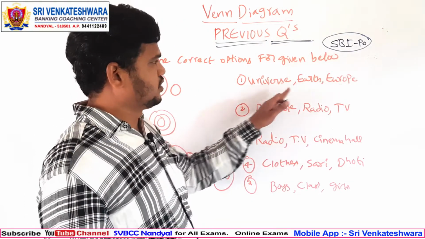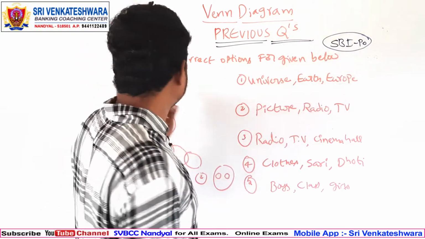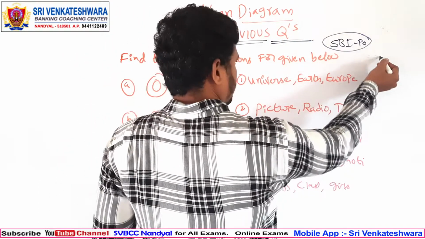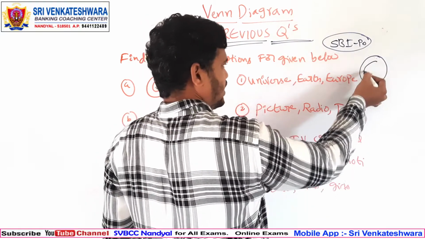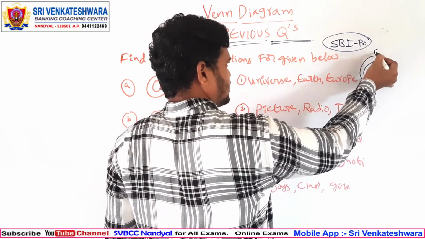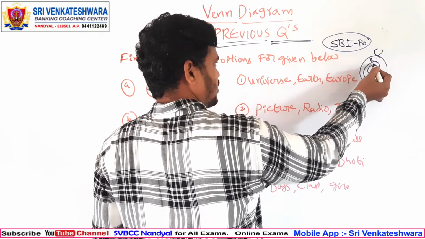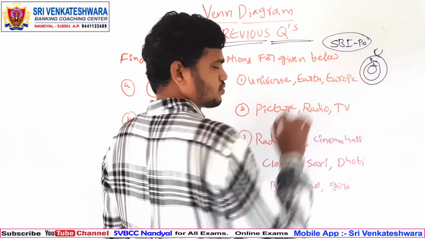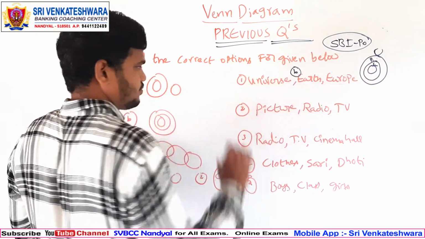In the universe, Earth is one planet, Europe is one country. So, see, this is the universe, Earth is one of the planets. In the Earth you can have Europe as one of the countries. Which option is here? Option B for this one.